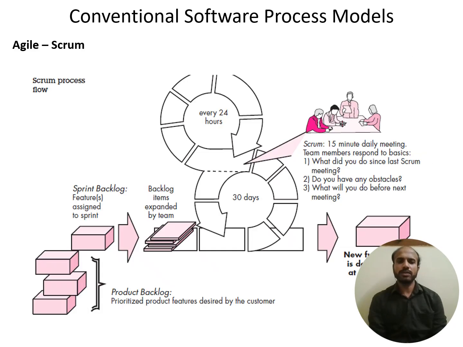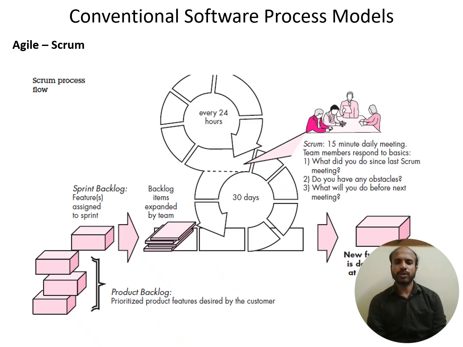As you can see, this is the Scrum process flow. You can see on the left side bottom the features that have been decided during the stakeholder discussion or the initial stage of requirements elicitation. So there these features are decided.